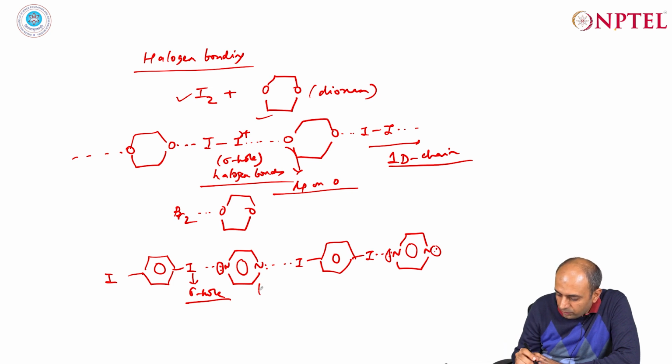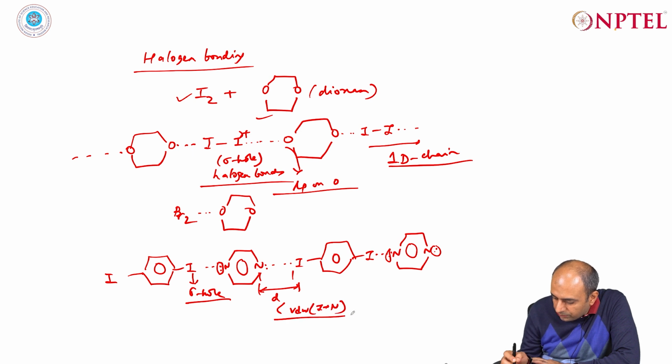And it is important to realize that in all these cases, when you have a strong halogen bond association, this distance d, which is the separation between the iodine and the nitrogen atoms, is less than the sum of the van der Waals radii of iodine plus nitrogen. This distance is quite shortened.